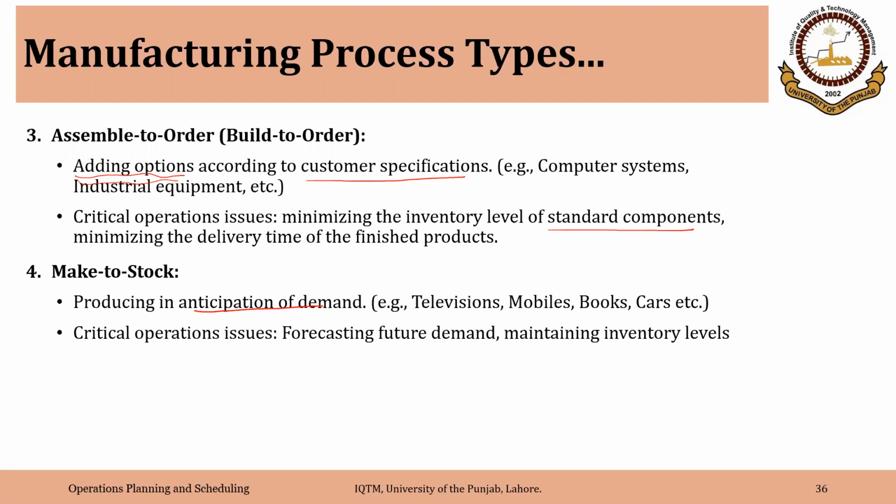Critical operation issues are forecasting future demand and maintaining inventory levels. All commodity items, standard items like televisions, mobiles, books, cars, etc., are made to stock. In assemble to order, we already have the components and sub-assemblies available and we assemble them as per customer order. Classical examples are personal computers that are assembled as per customer order.